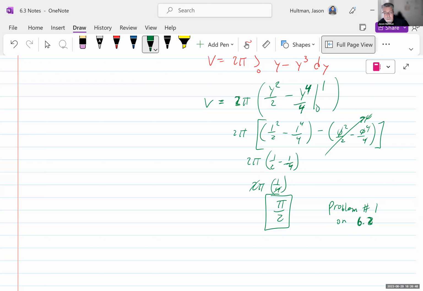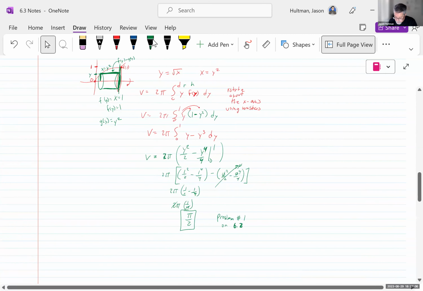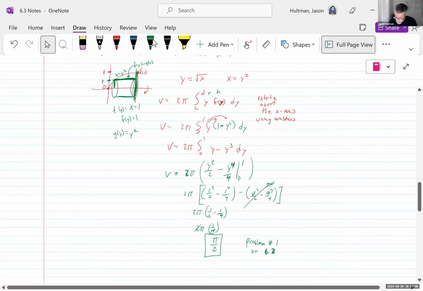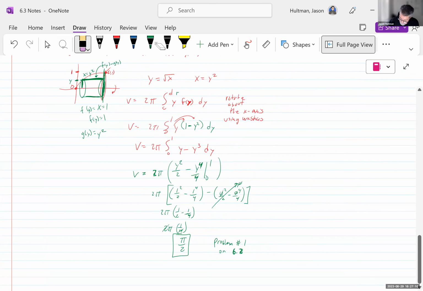This one was definitely harder. The disk method was a whole lot easier. But I wanted to show that you can do it either way. It is possible to do it using disks or using shells. You just have to change your frame of reference.